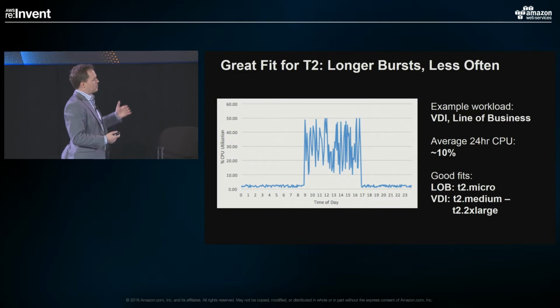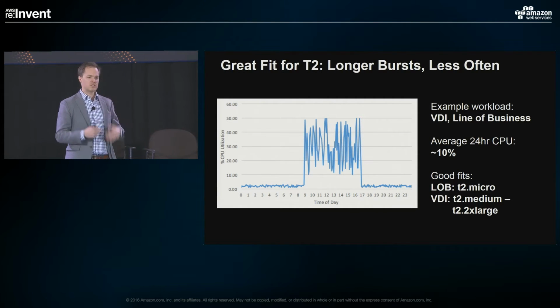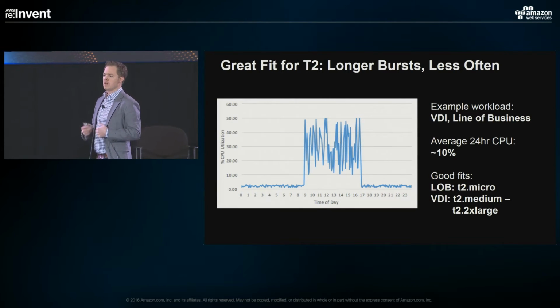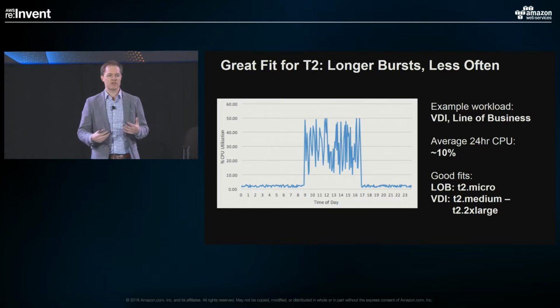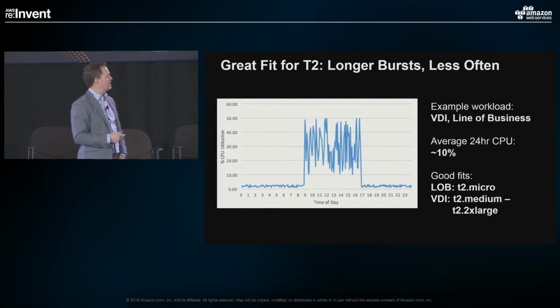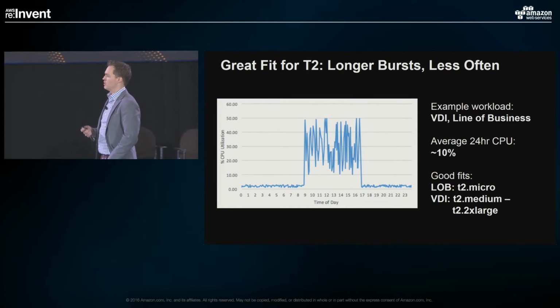During the business hours the usage might be somewhat high. In a virtual desktop example, that user may be spending a lot of time editing Excel documents or whatever, and actually using a bit of CPU during that period. But because there are long periods of the day where it's not getting used, the average is again quite low, in this case maybe about 10%.